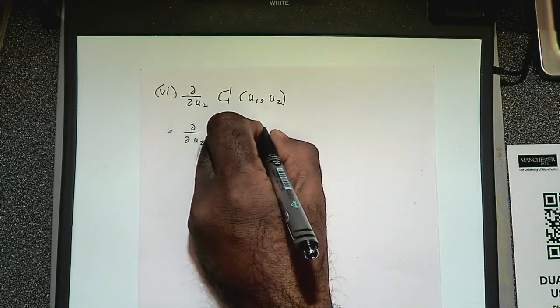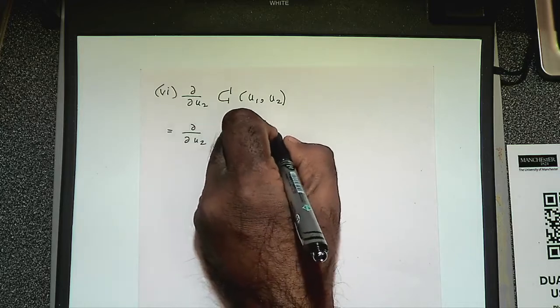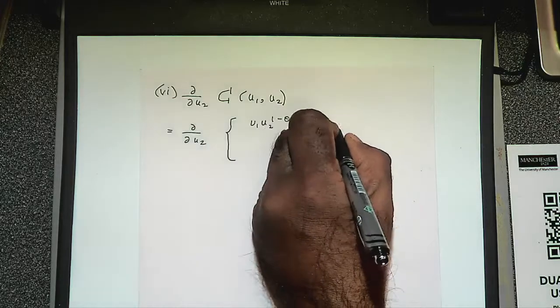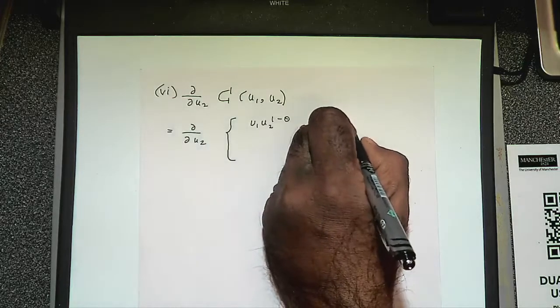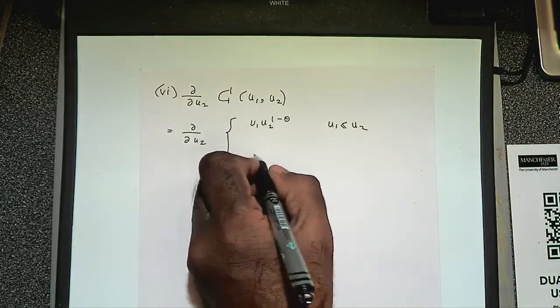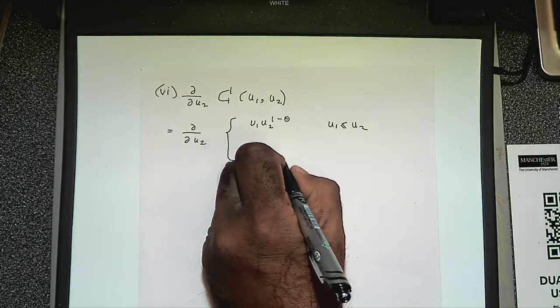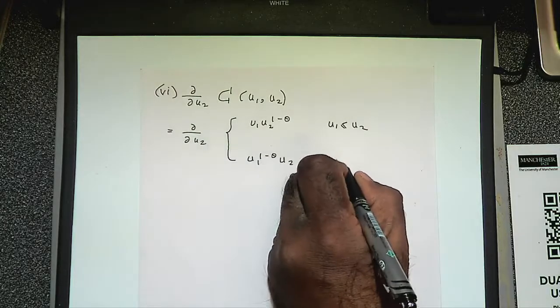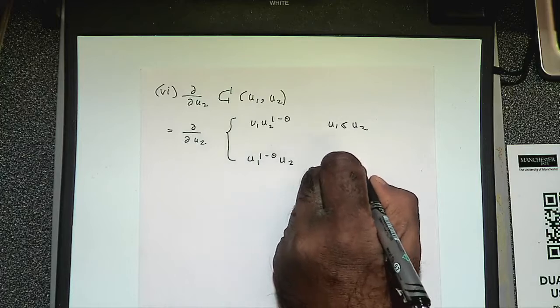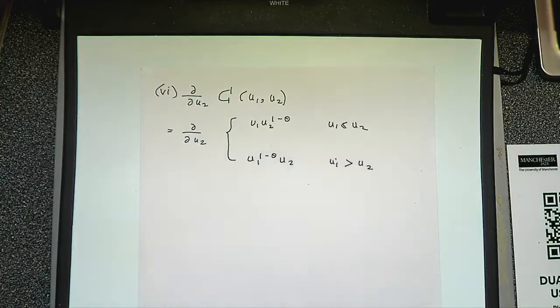So case 1 is this, case 2 is this, right?